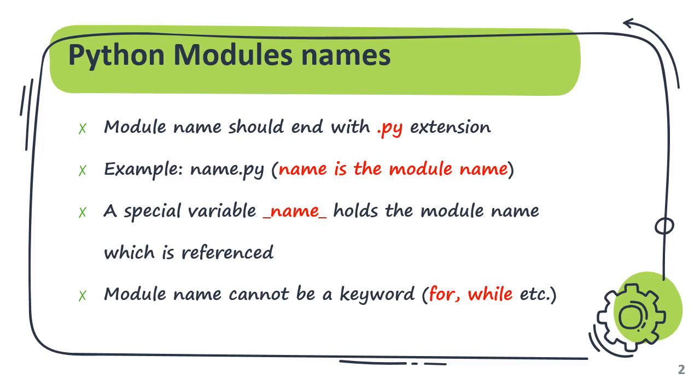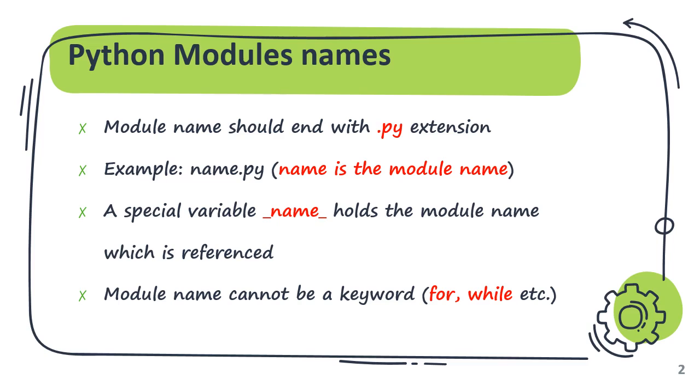And then again, a special variable, __name__, holds the module name which is referred to. This __name__ variable is a special variable which holds the names we use in Python programming, either a variable name or a function name, etc. So __name__ holds the name of the particular module which is referenced.